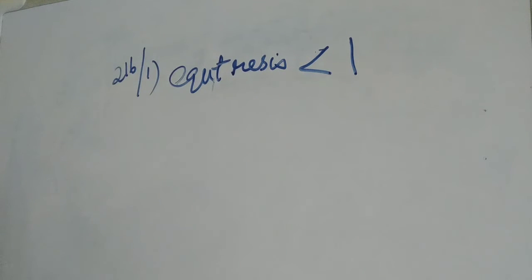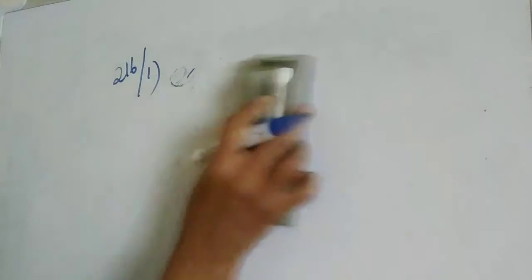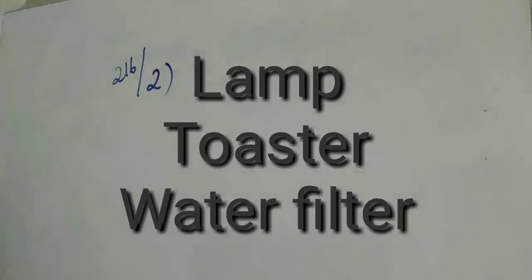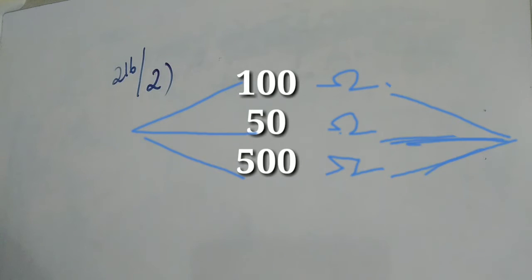An electric lamp of resistance 100 ohms. Next question, second one. An electric lamp of resistance 100 ohm, a toaster 50 ohms and a water filter of resistance 500 ohms are connected in parallel.